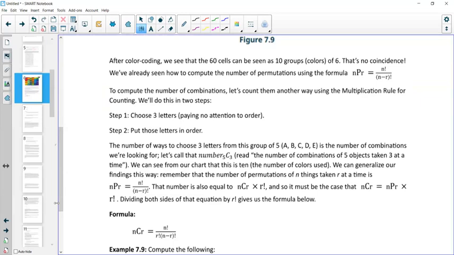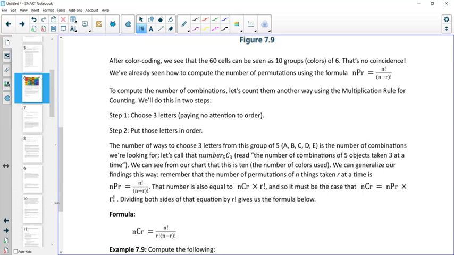We can generalize our findings this way. Remember that the number of permutations of n things taken r at a time is n factorial over n minus r factorial. That number is equal to nCr times r factorial. So it must be the case that nPr equals nCr times r factorial.